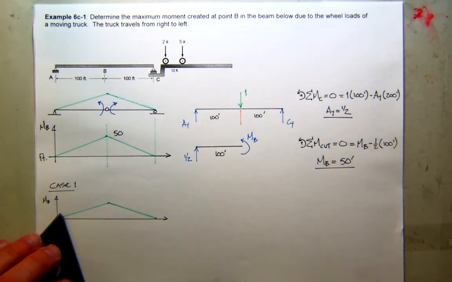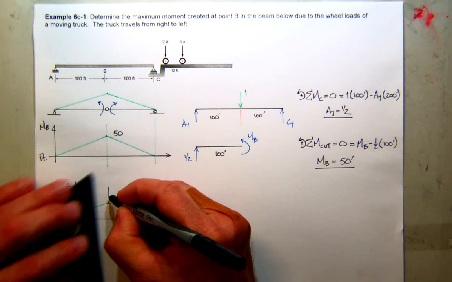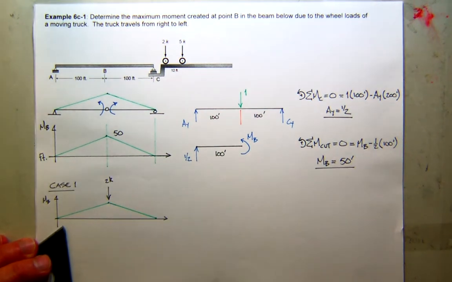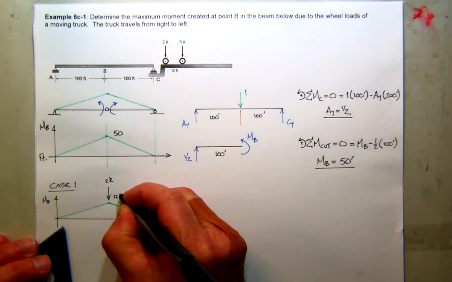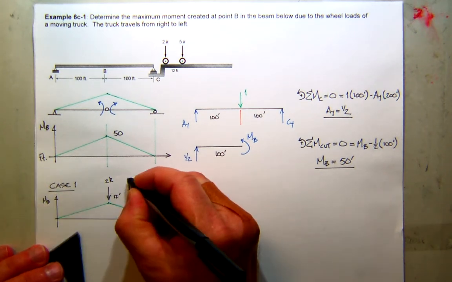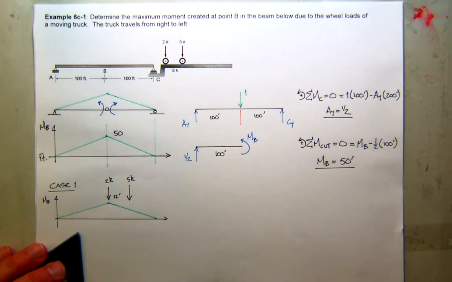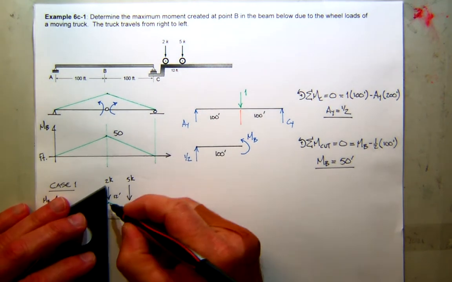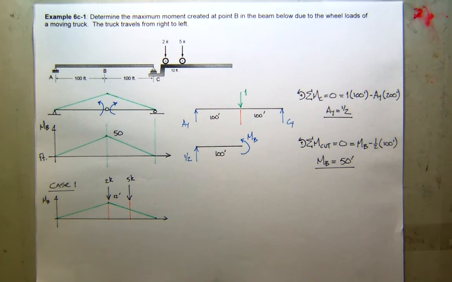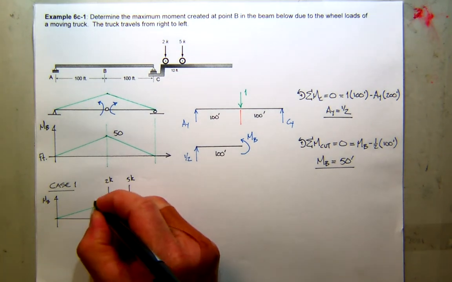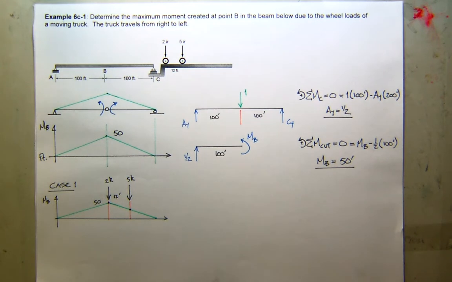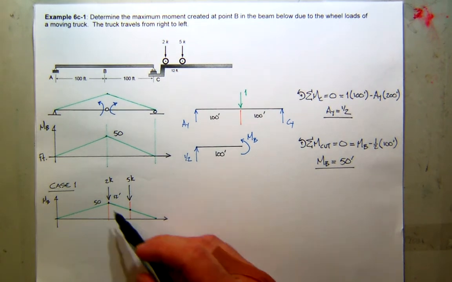So now my wheel load comes over, and the first load, which was 2 kips, lands right at the top. And then 12 feet back is the rear wheel load, which is 5 kips. And you can see it intersects with certain values on my curve. So I already know that this is 50, this value right here. What's the value there? What's the slope of this line?